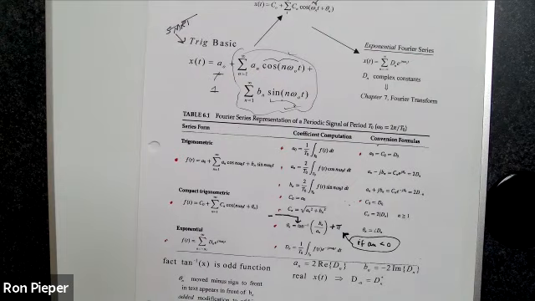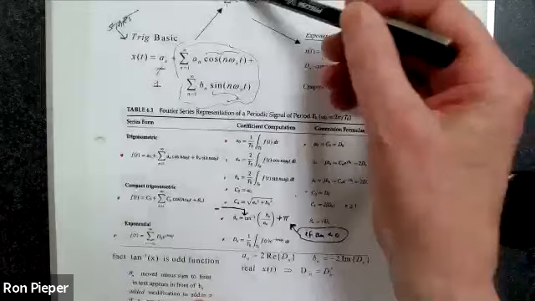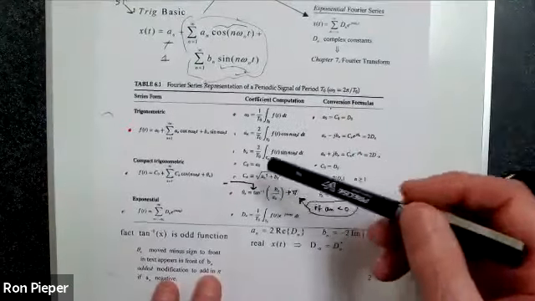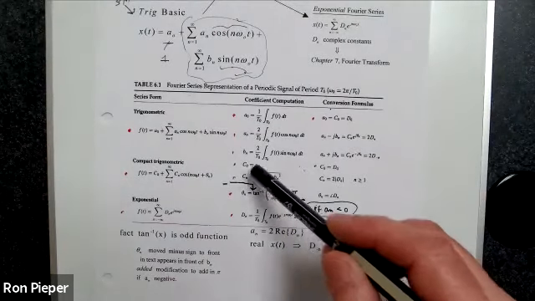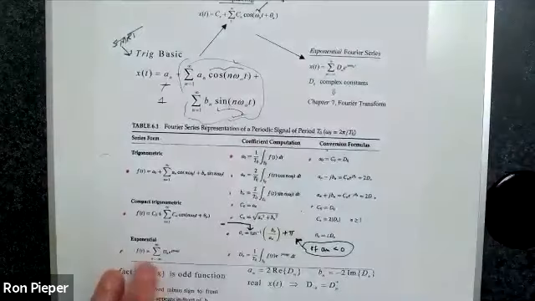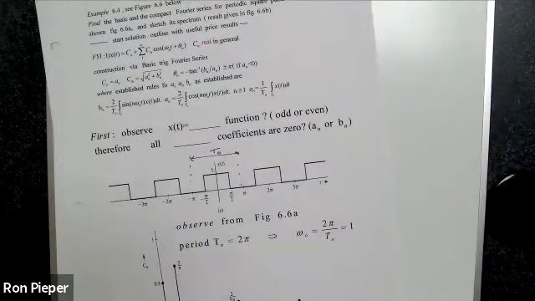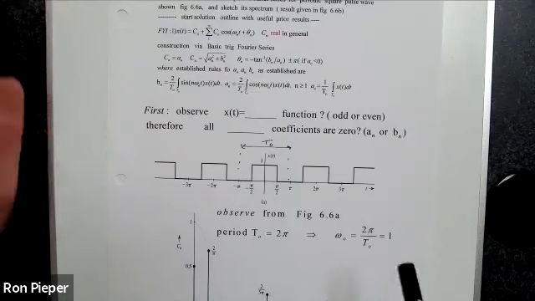The convenience is we've already got these rules in place for the Cn and the theta n, so all we need to do is get the ANs and the BNs, and we can get the CNs and the theta n's for the compact. So our initial steps focus on the basic, and then we get to the compact via the basic.